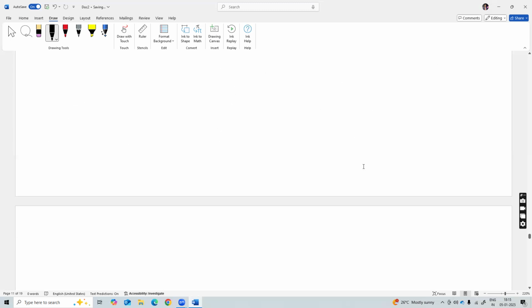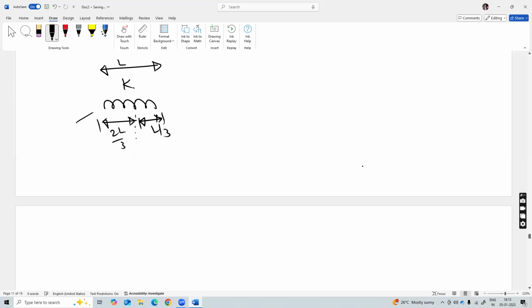So let's say we have a spring with spring constant k, and initial length was L. We cut it so that the length of this section is 2L upon 3, and the length of this section is L upon 3.